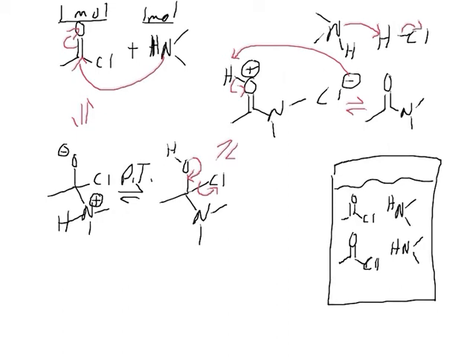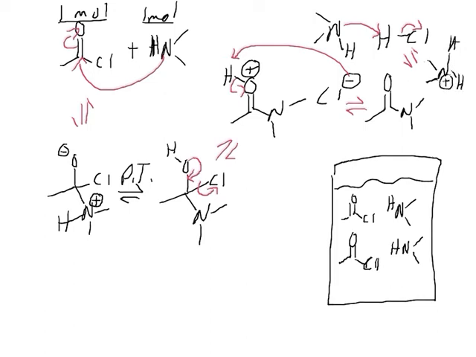So what that means is in this mechanism, because I generated strong acid, one of my starting materials is going to react with that. So I make a nitrogen with two H's on it as a plus charge.